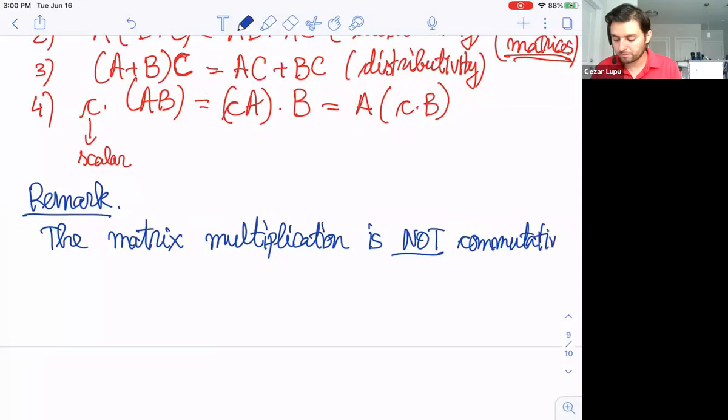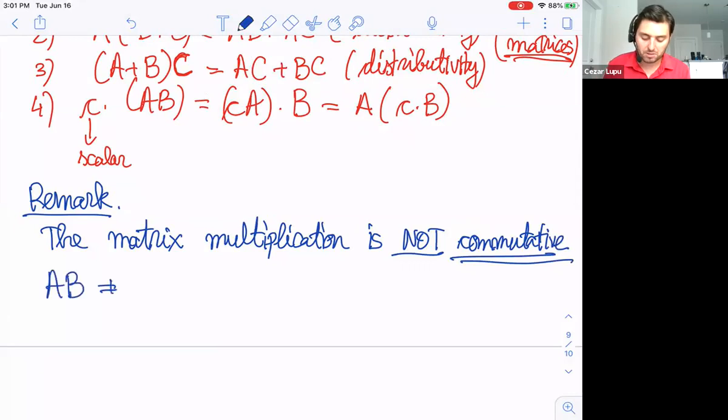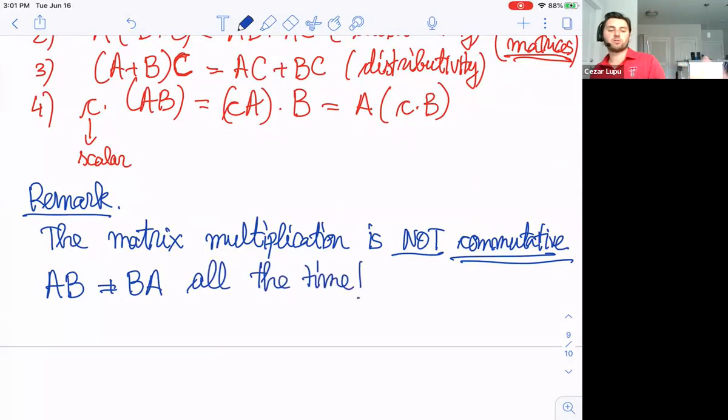In other words, AB is not necessarily equal to BA. You can find two matrices such that they commute, but you can also find two matrices so that they don't commute.